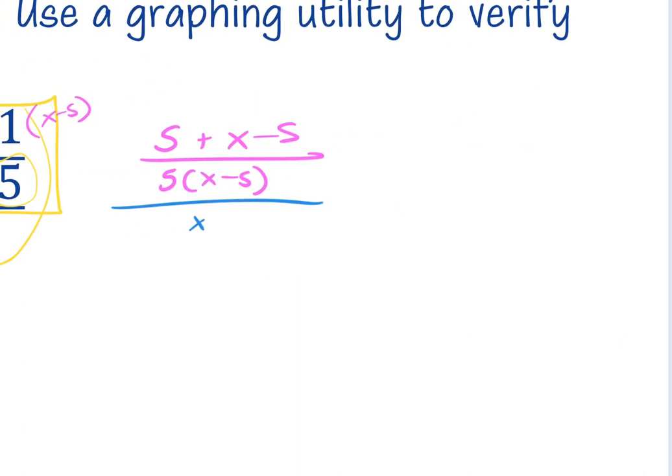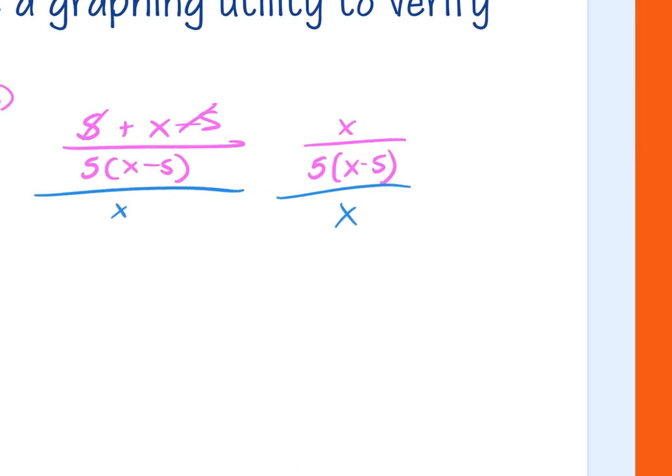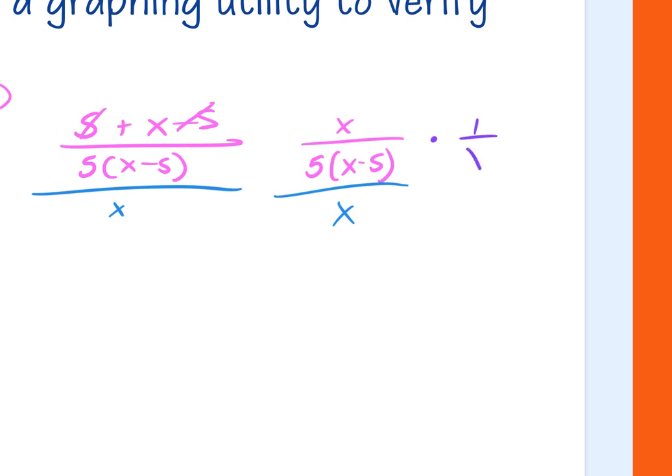Then in my numerator, the 5's cancel, and I get x over 5 times x minus 5 divided by x. When we divide by x, we would multiply by 1 over x. And then the x's cancel, and I get 1 over 5 times x minus 5, which can be distributed but doesn't need to be.